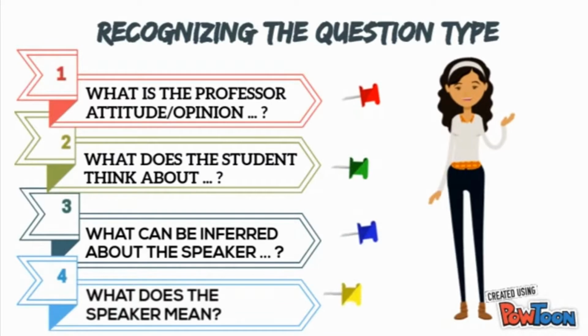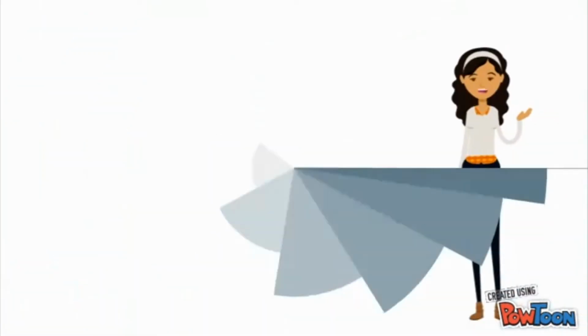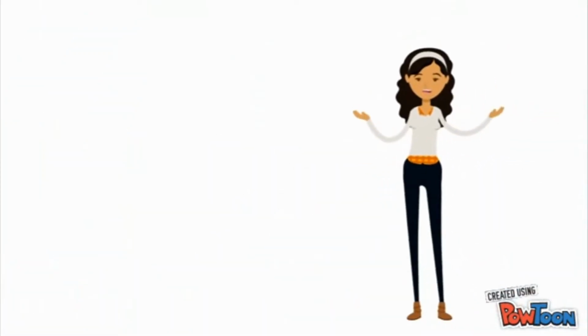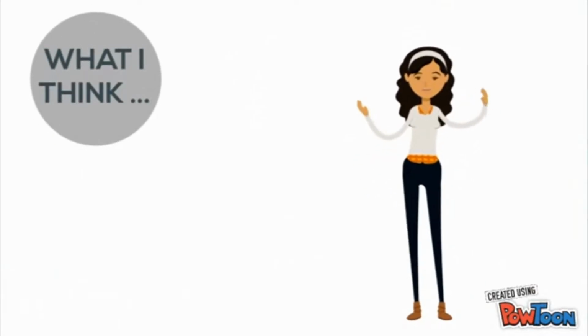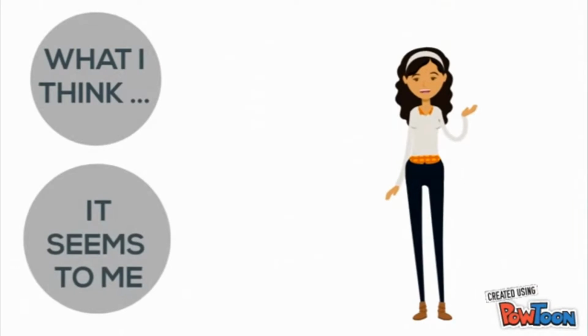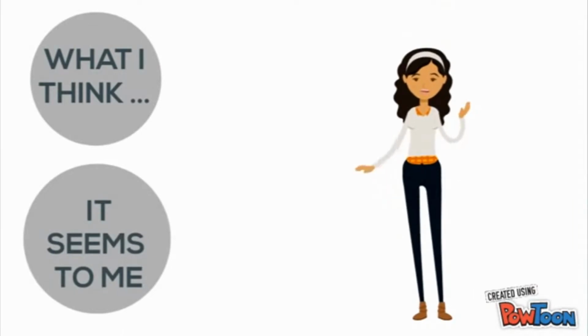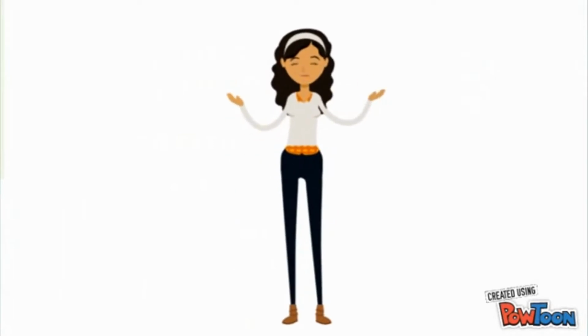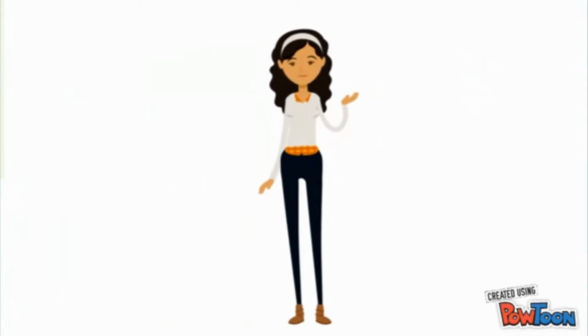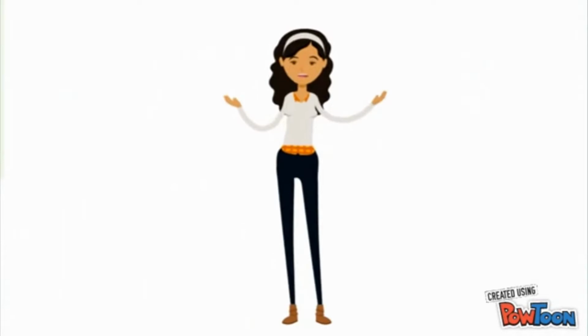What does the speaker mean? To identify the speaker's attitude, listen to phrases like, what I think, or it seems to me, in a lecture or a conversation. Now let's look at a sample attitude question from a literature lecture about detective novels.